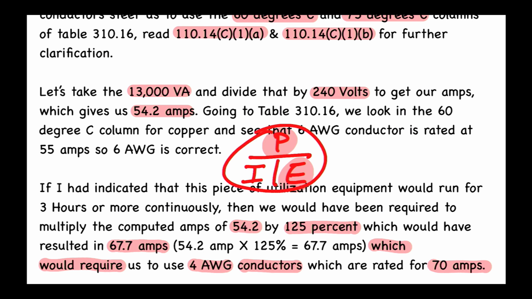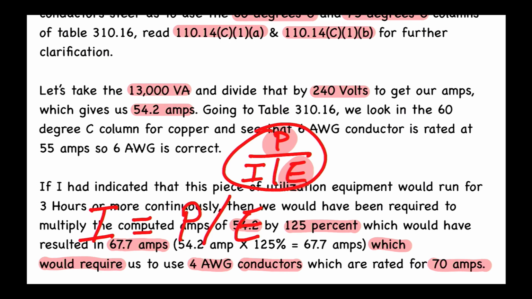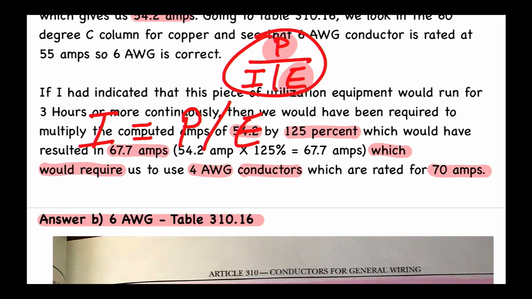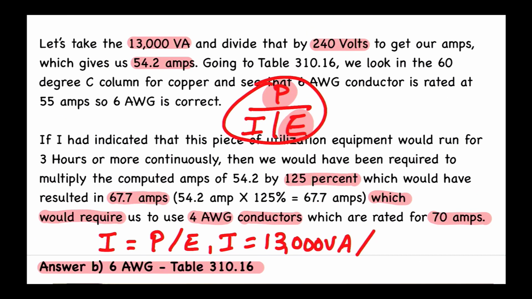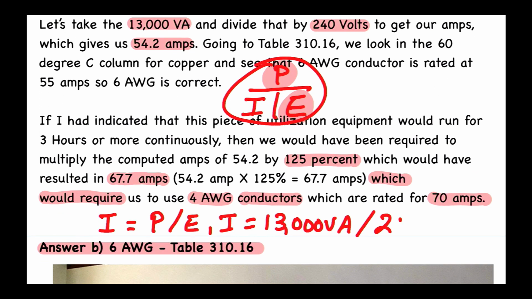In this case, I is equal to P divided by E. I don't know if you can read that, so I'm going to rewrite it down here so you can see it a little better. I'm solving for I, so I equals P divided by E. In this case, I is equal to 13,000 VA divided by the voltage, which is 240 volts.